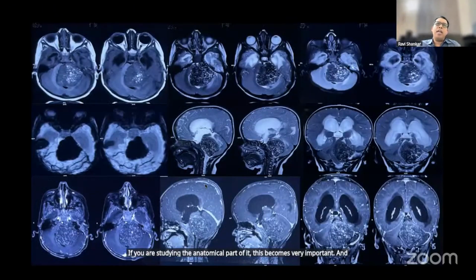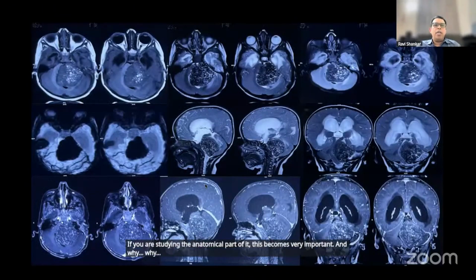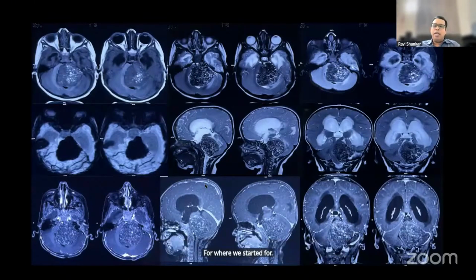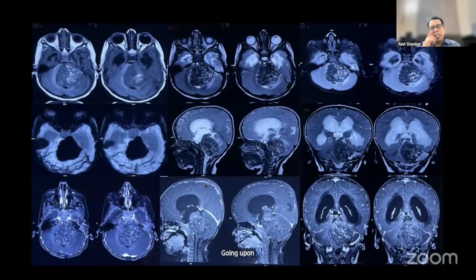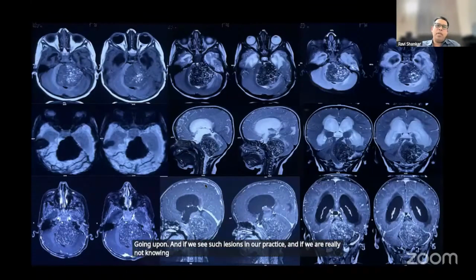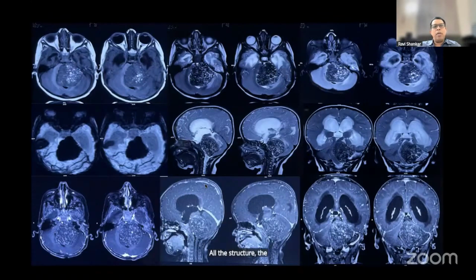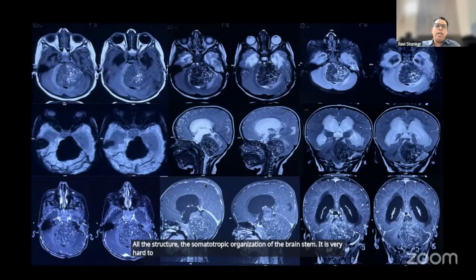And why is this all important? In earlier days the brainstem was a no man's land where people usually didn't dwell. If we see such lesions in our practice and do not know the fibers, tracts, nuclei, and the somatotopic organization of the brainstem, it is very hard to go ahead with the surgical treatment for such patients.